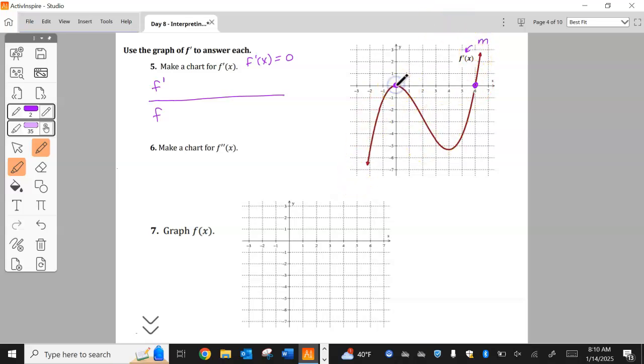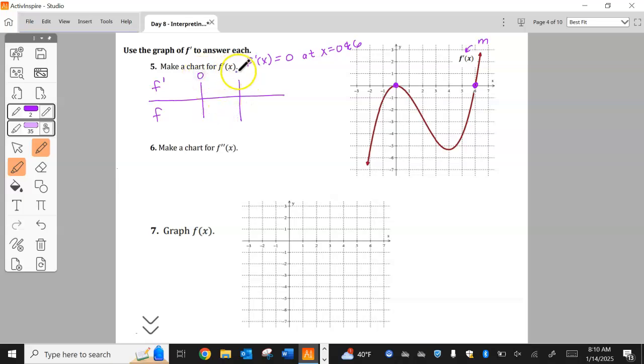So this is saying at 0, the slope is 0. At 6, the slope is 0. So those are our two critical numbers. So f prime of x is equal to 0 at x equals 0 and x equals 6. Those are the two numbers I'll put in my chart.